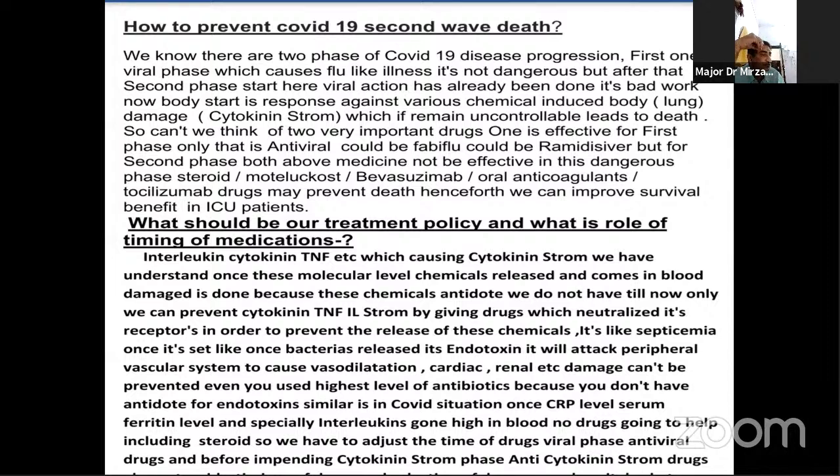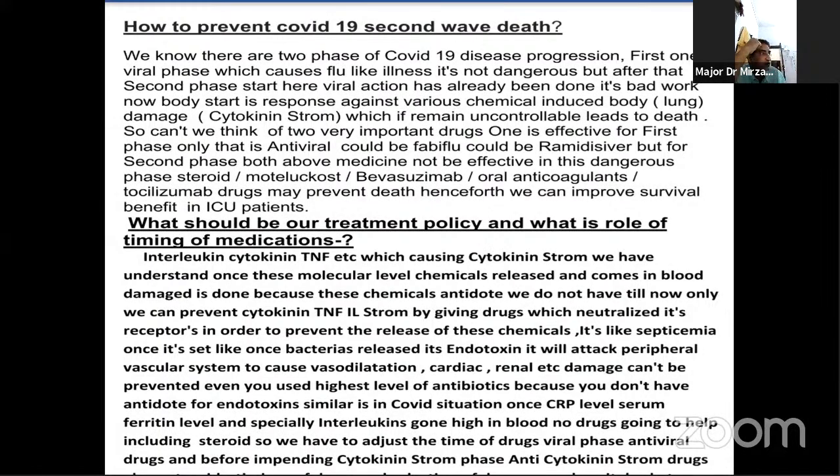So why does bevacizumab have a role now, particularly in the pre-cytokine storm or cytokine storm phase, to avoid ICU death in hospitals? So this is the way it is linked to COVID also.